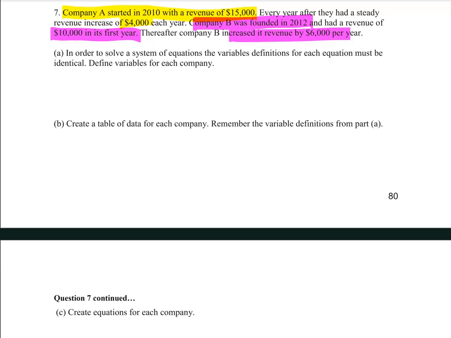Letter A. In order to solve a system of equations, the variable definitions for each equation must be identical. Define variables of each company. So Company A and Company B. So we can say that x is the number of years since 2010, because they started in 2010.